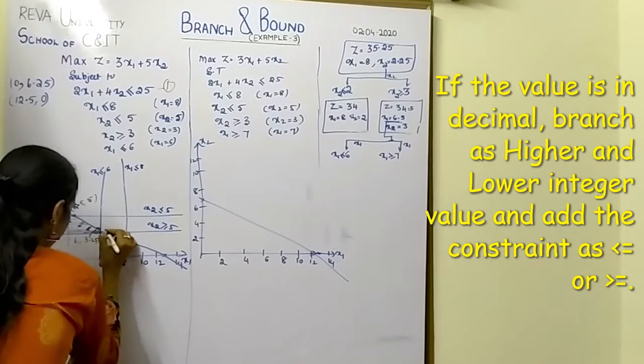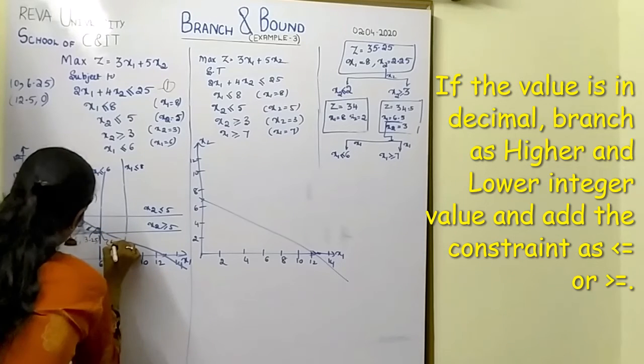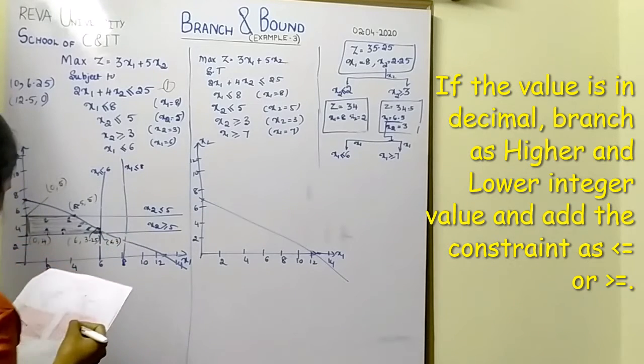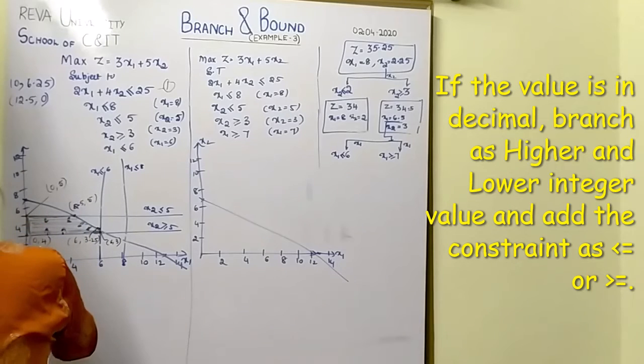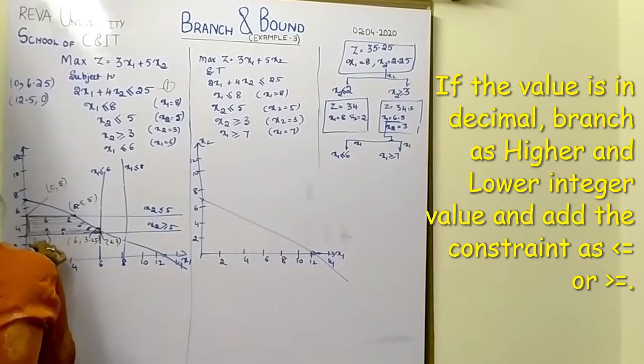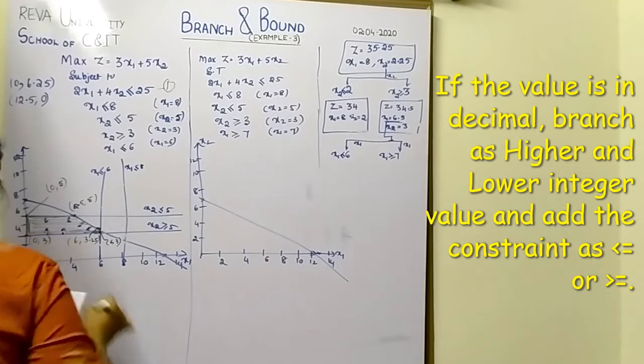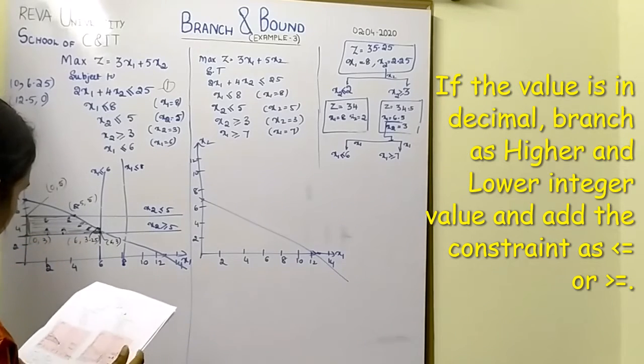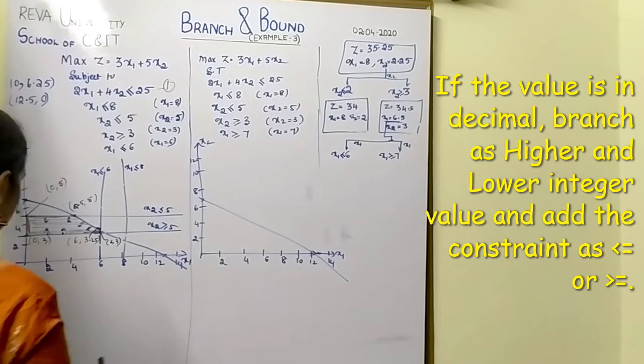So this is 6.25. Here it is (6, 3). Then here it is again as usual (0, 3), not 4 because this one is 3. So find out the values for these.